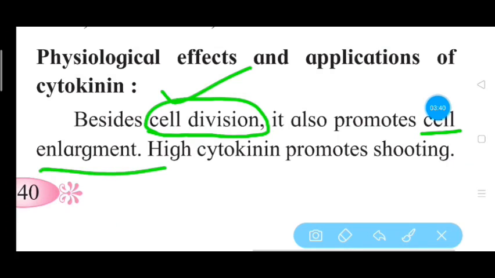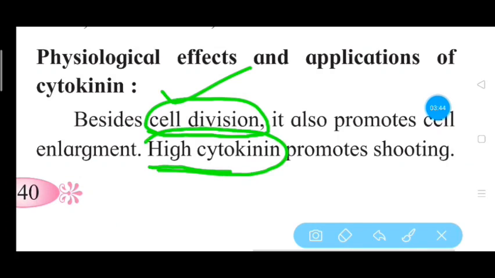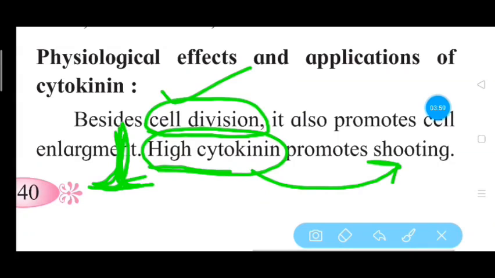The main thing is that a high concentration of cytokinin promotes shooting, meaning plant growth is greater at the shoot.